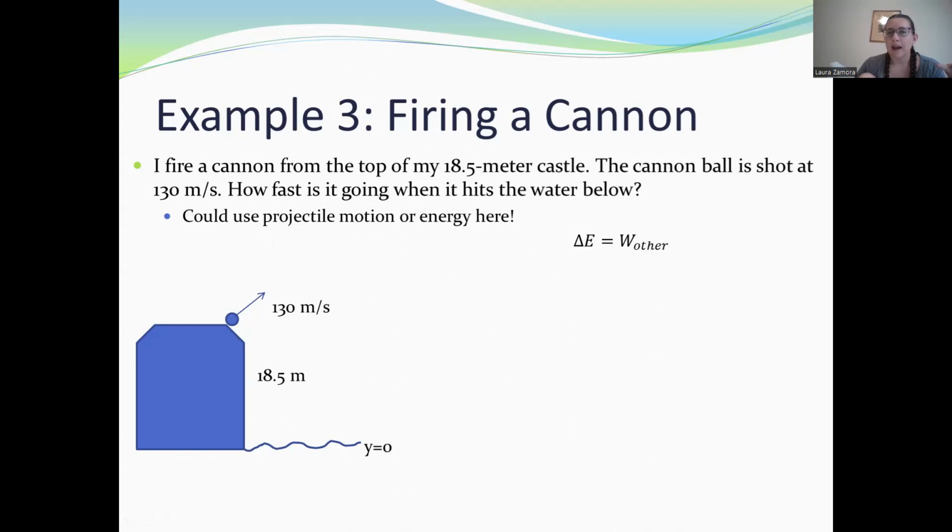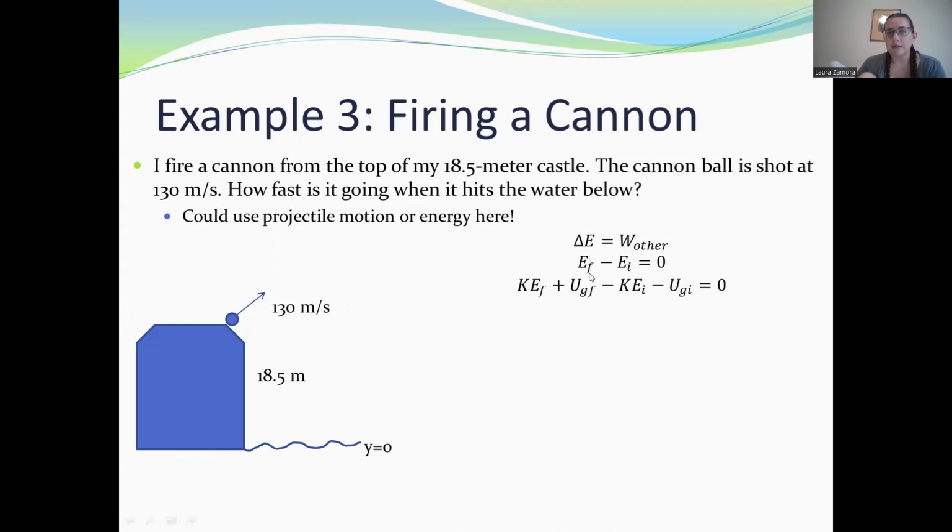Now, I didn't give you any way to calculate friction or air resistance or other forces. So for the sake of this example, we're just going to ignore them and assume that they're negligible since we weren't given any information about them. So that means that the change in the energy, our final energy minus the initial energy, is 0. Right? There's no outside forces that we're considering.